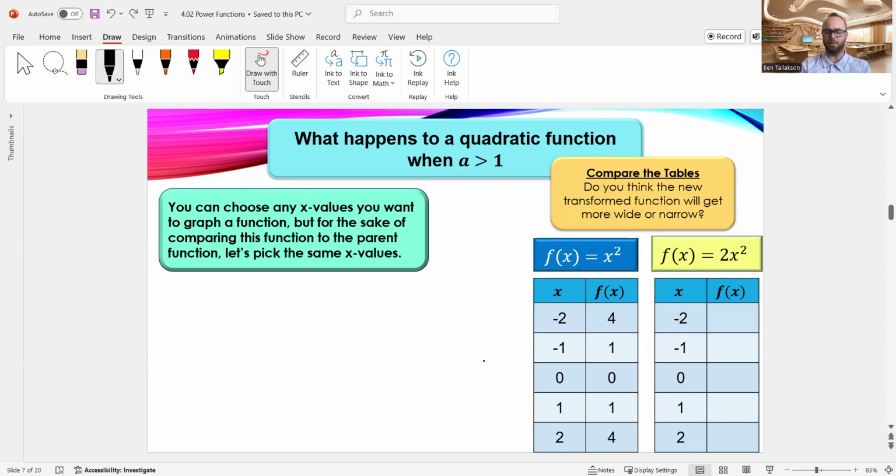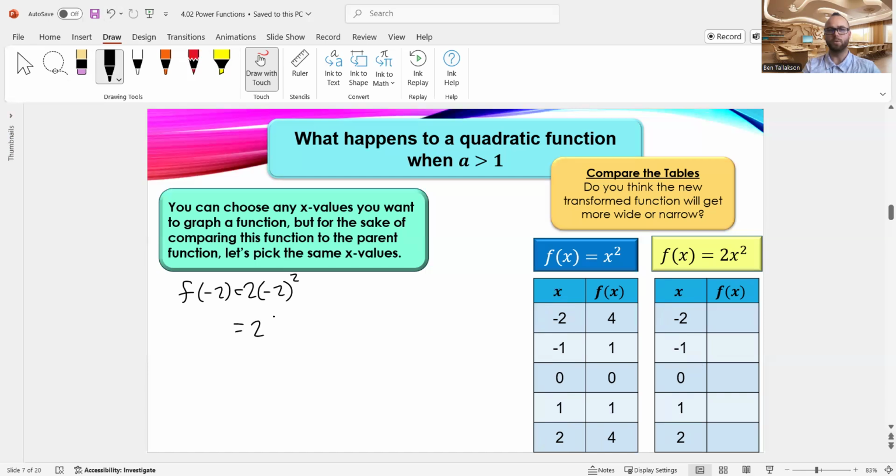So for that reason alone, we're going to pick the same exact x values. You see those same x values in both the tables. We need to fill in the table for our transformed function. So go ahead, pause this, and take a moment to work those out. Again, you're taking every x value, plugging them into your machine known as your function, and working them out.